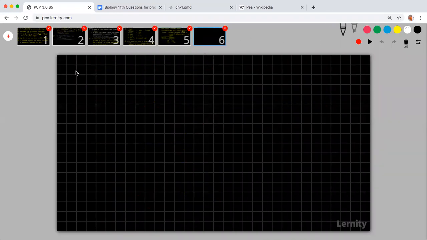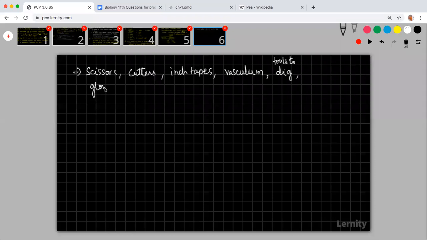You should have scissors, cutters, inch tapes, and then you need a vasculum. Vasculum is something in which you will carry plant specimens. You can use some tools to dig soil, gloves, and all can be there.